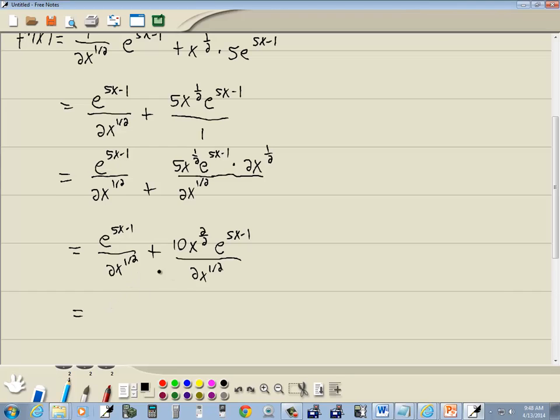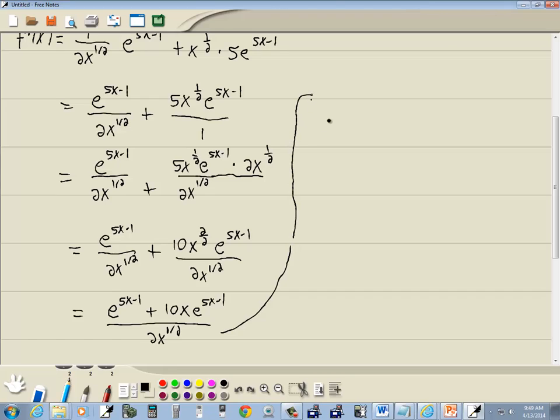Okay, they're probably ready to merge into a single fraction now. They both have the same denominator. So we'll have e to the 5x minus 1 plus 10, and 2 over 2 is 1, so that's x to the first, or x, e to the 5x minus 1, all over 2x to the 1/2.